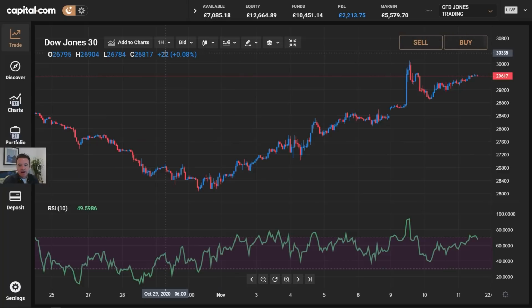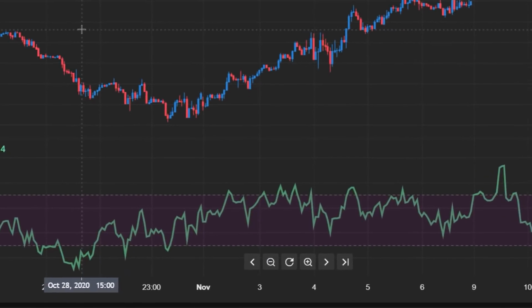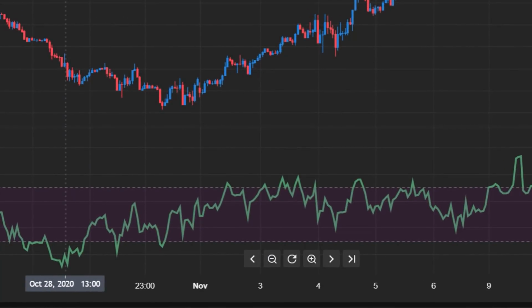So here's the stock market index, and I thought let's take a look at a shorter term time frame. We're looking at the hourly chart here. It's the Dow Jones index, the very popular US stock market index. Looking for divergences, we really had it here, and I think it's a good illustration. It doesn't work all the time, but when it does work, it can pay off a multiple of your risk.